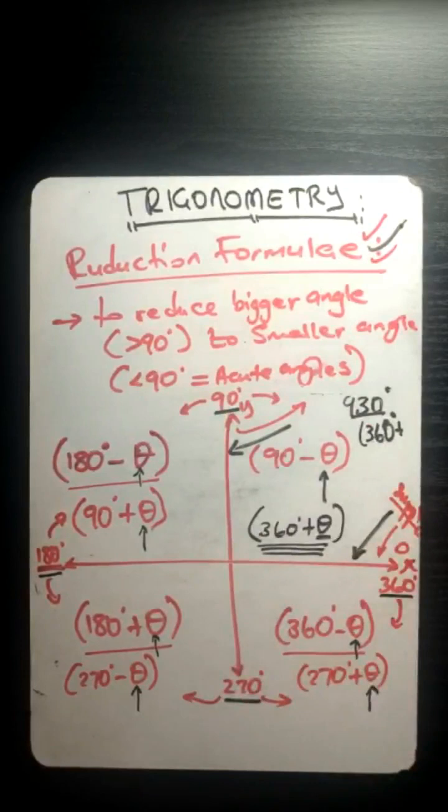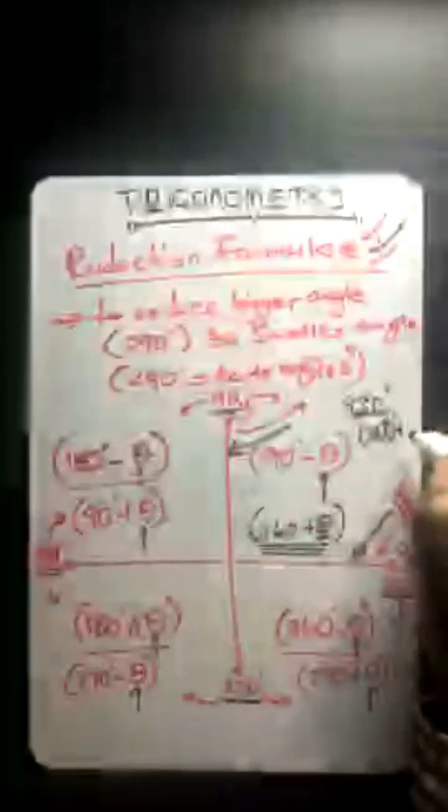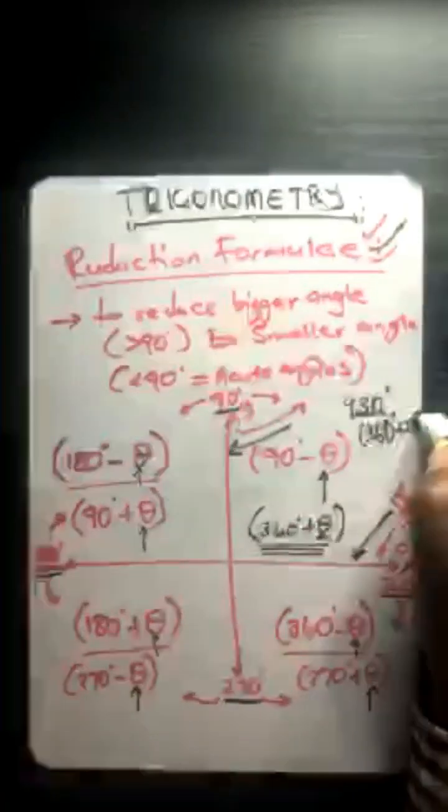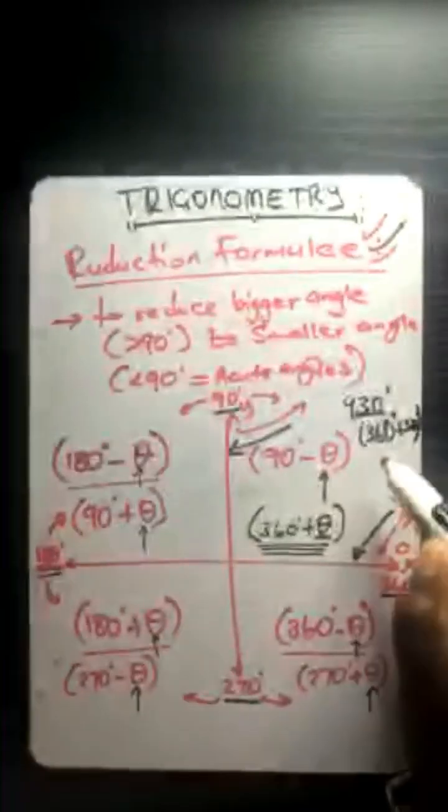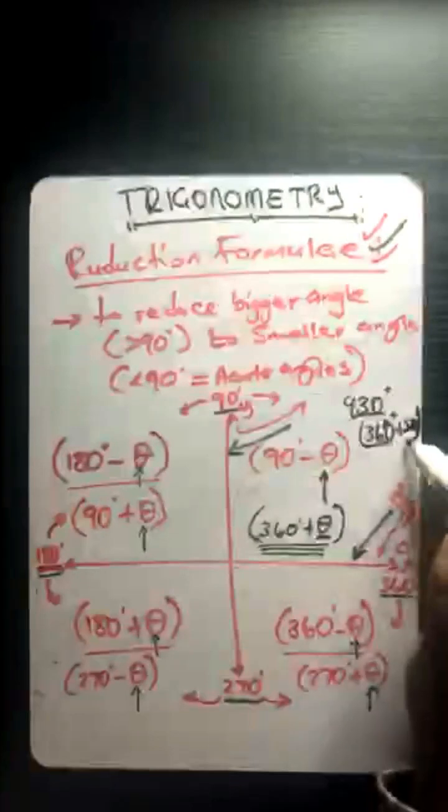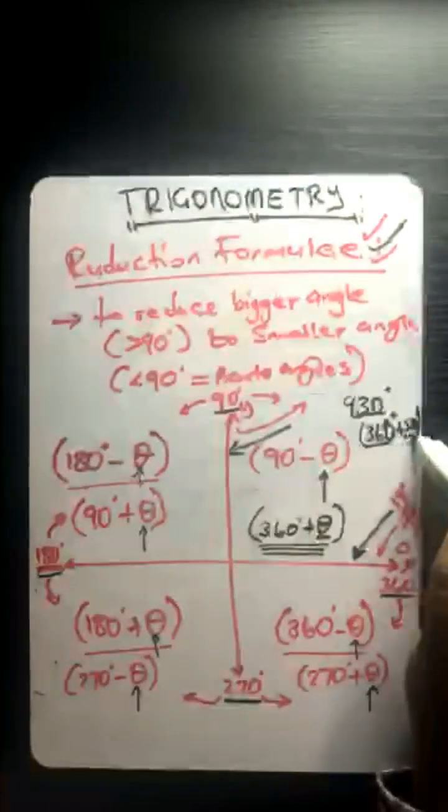Let's try this. 930 minus 360 gives 570. So can you see? It's actually 360 plus an addition of 500 and something.